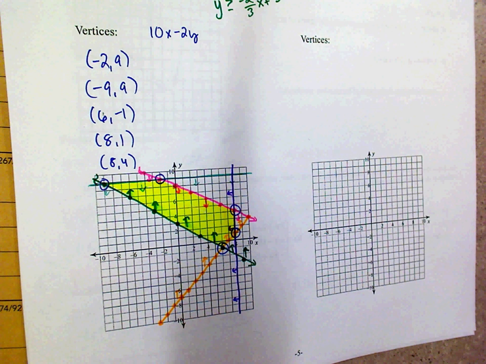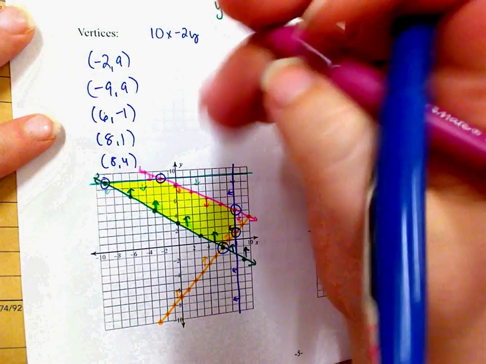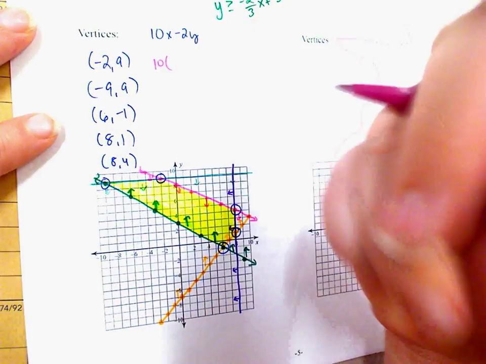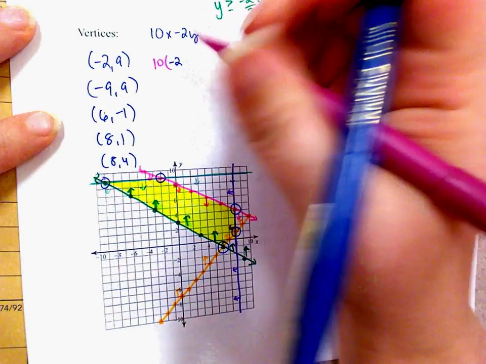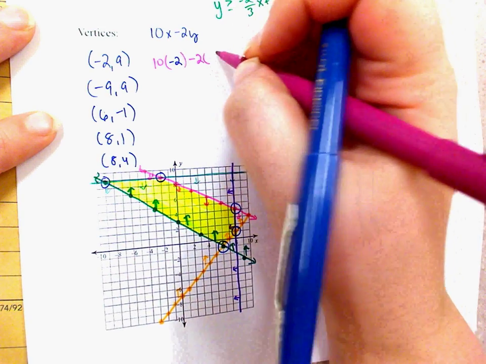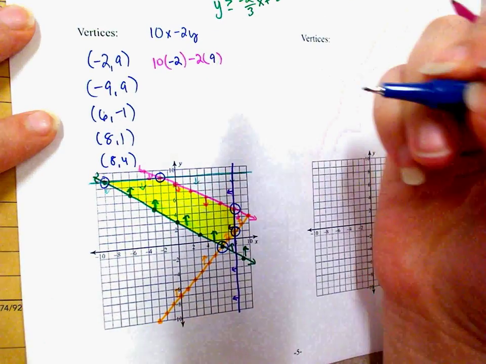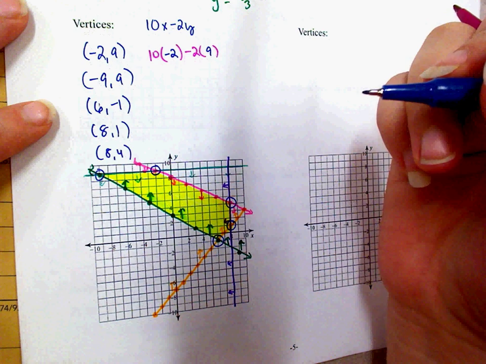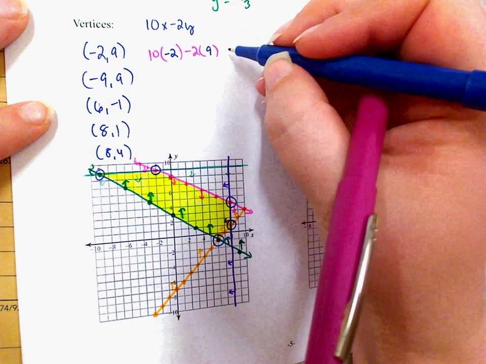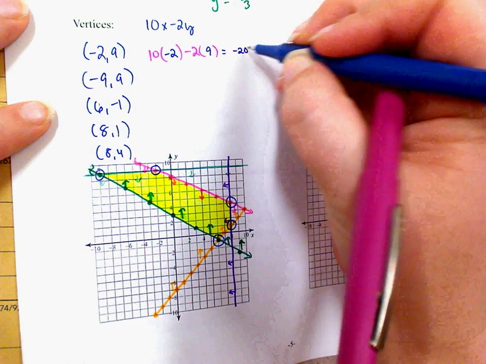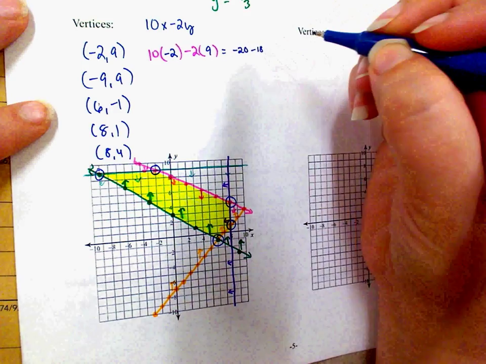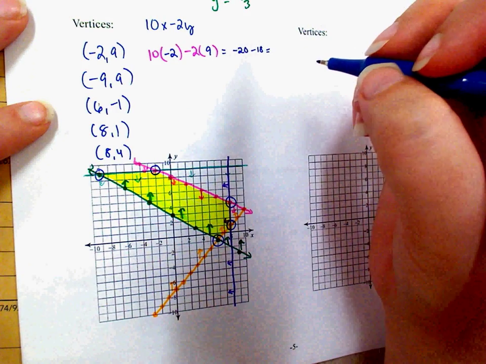For the first one, I've got 10 times negative 2 minus 2 times 9. What's 10 times negative 2? So I've got negative 20 minus 18. That's just adding 20 and 18 and making it negative. That is a negative 38.